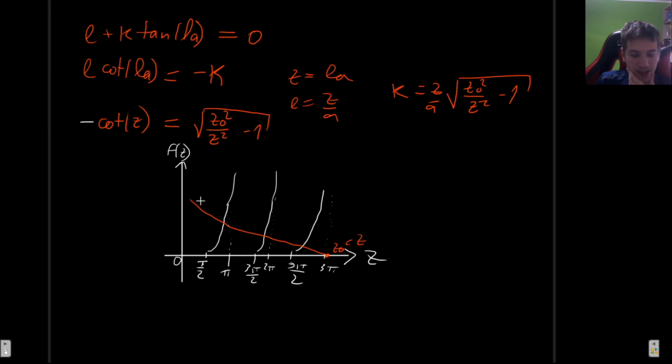If the z0 is not big enough, this function might just go down somewhat like this, and it would just not touch any of these cotangent lines, which means that there is not going to be an allowed bound state for this case. Now, we don't really know what the interpretation of this case is just yet, but as we'll see in the next video, these are actually the odd states. So there will not always be odd states if the potential is not strong enough.